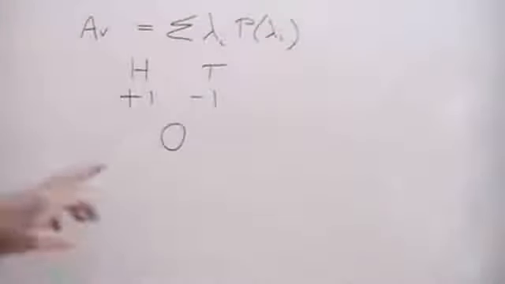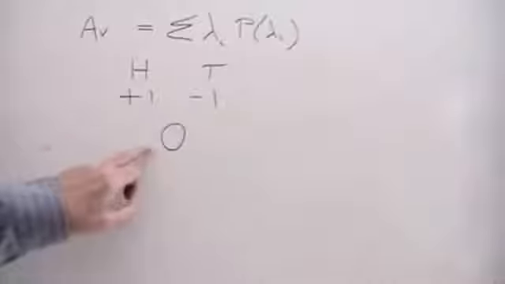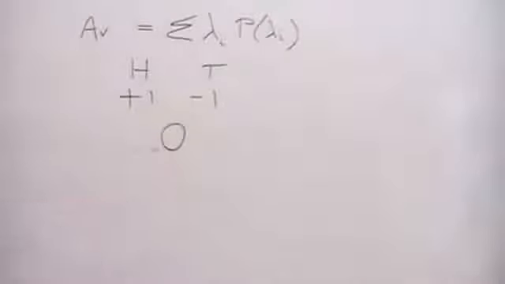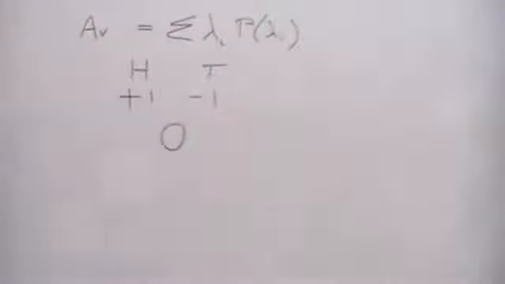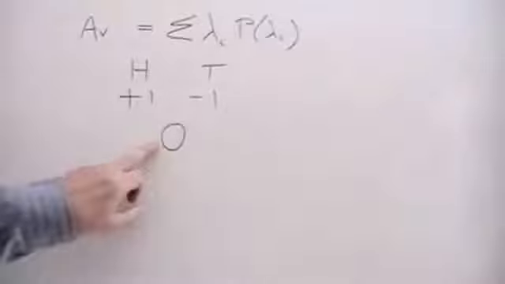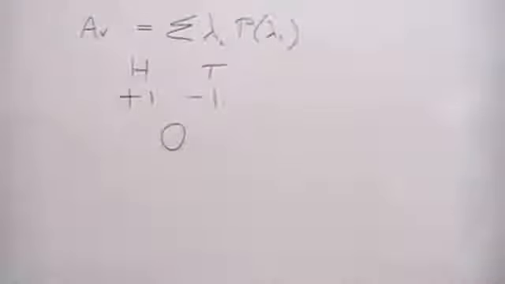And that of course is a number you can never ever get. When you toss a coin you never get 0. I suppose that's the equivalent to the coin falling on its side. You either get a plus 1 head or a minus 1 tail. But the average, or the expectation value, but certainly not the expected value, is 0.